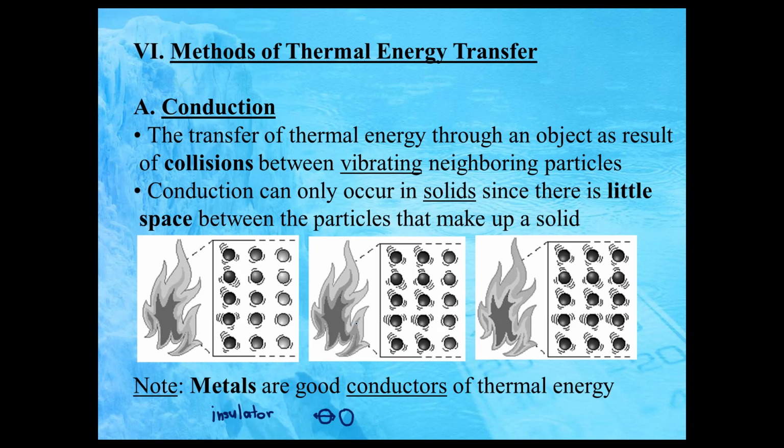Some metals that come to mind might be aluminum, copper. I think nickel is okay at transmitting thermal energy. And some solid materials are not good at transferring thermal energy. I believe steel is an example of that. But you don't always want your materials to be good conductors of heat.